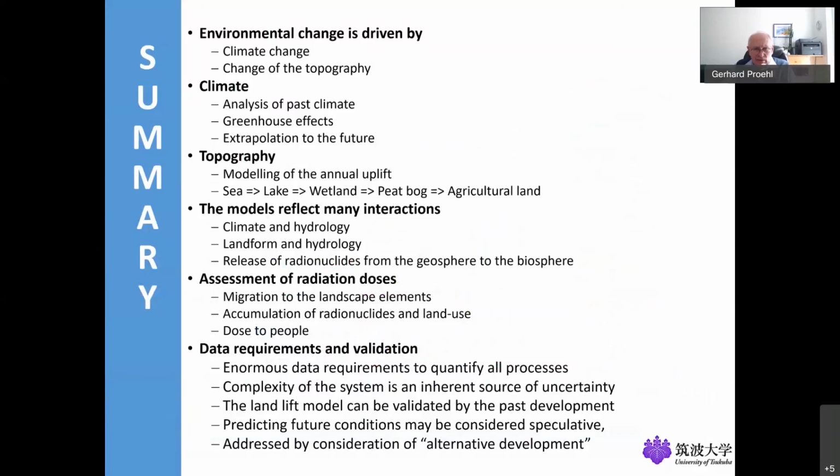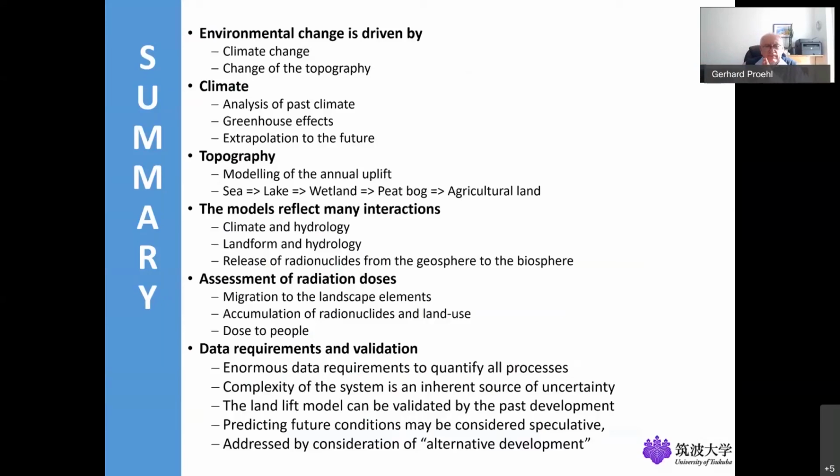And we have also a summary for this option B, dynamic modeling of landscape and climate. It is obvious that environmental change is driven by climate and topography. The climate is modeled based on an analysis of past climates, on the greenhouse effect, and then these data are used for an extrapolation to the future.